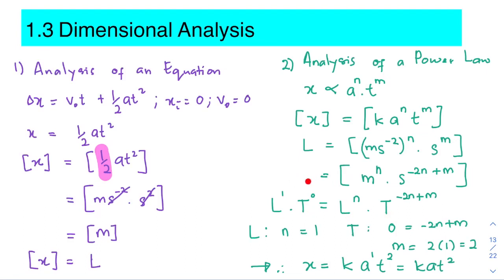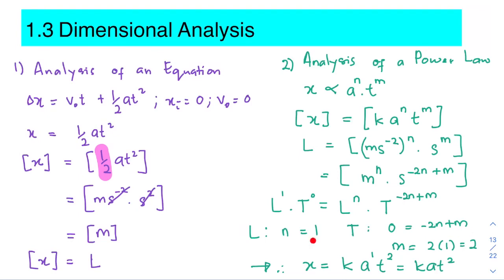Here you don't have t initially. Actually, we do have t, but the t is to the power 0. Now you are going to use the analysis of a power law, where you consider L in terms of power, n equivalent to 1. For t in terms of power, you have this equation, 0 equivalent to negative 2n plus m.